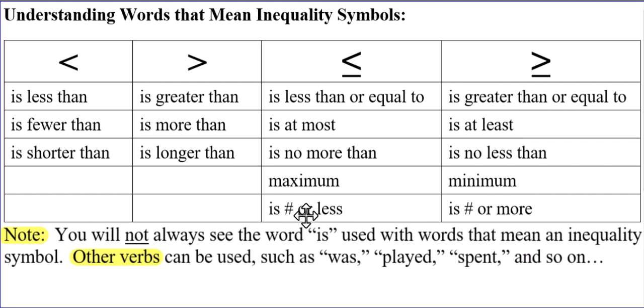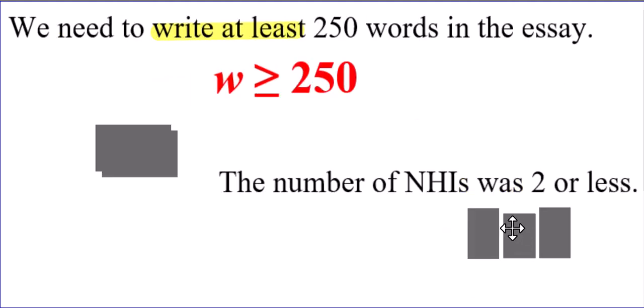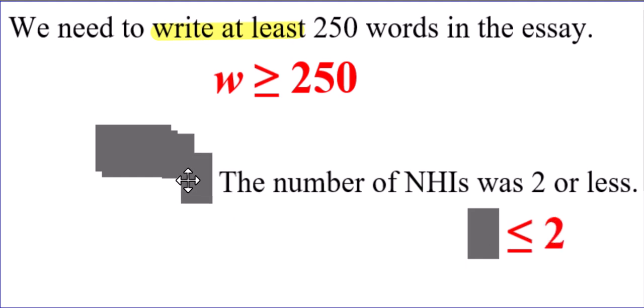A number or less. So don't just put less than. It can also be that number, which is why it needs an equal to bar as well. So 2 or less. It can equal to or it can be less. Once again, the number should be to the right, and the number of NHIs, which we don't even know what that number is, that's to the left. We're going to keep it to the left.